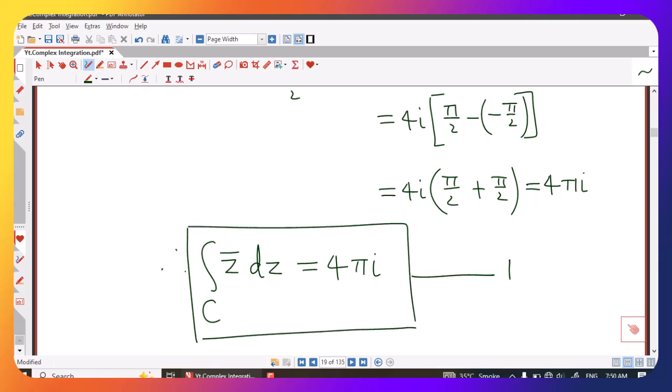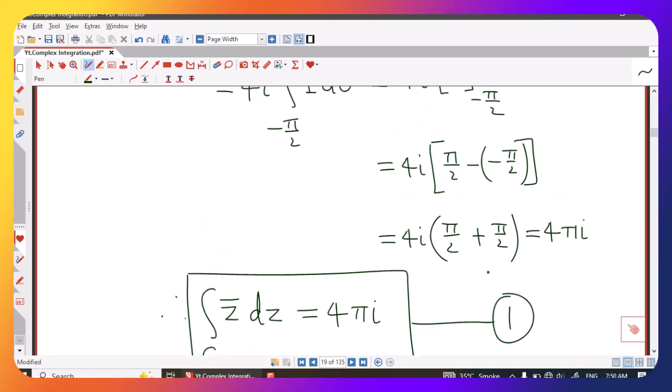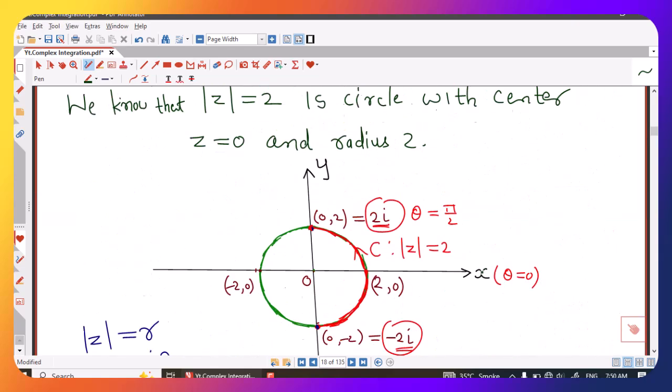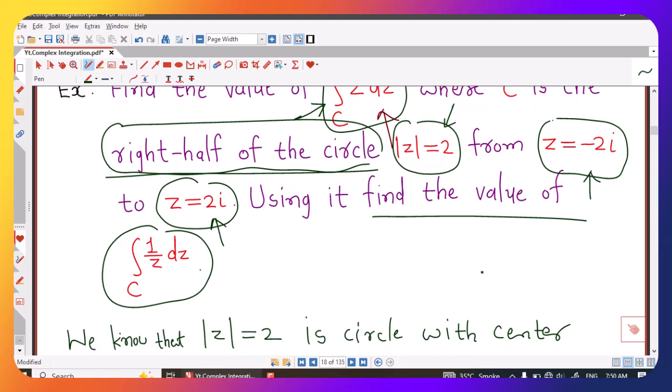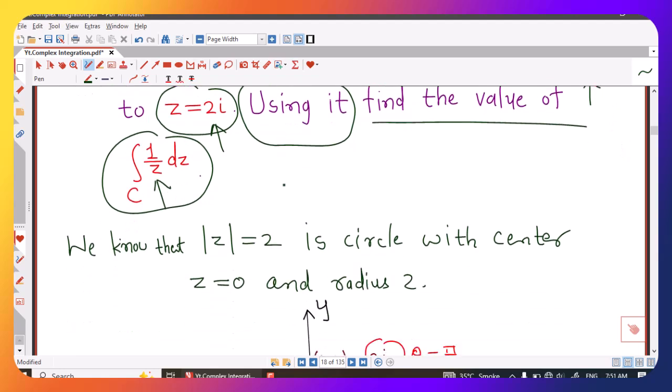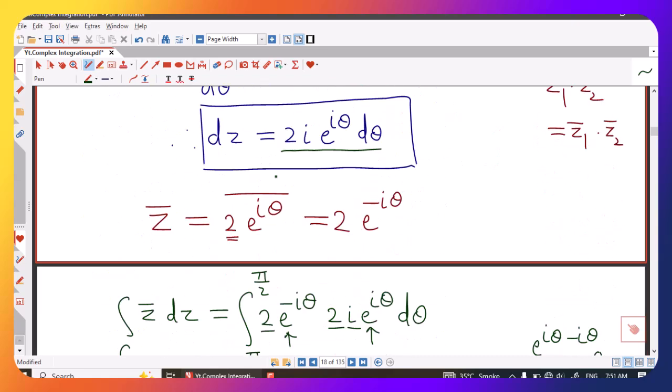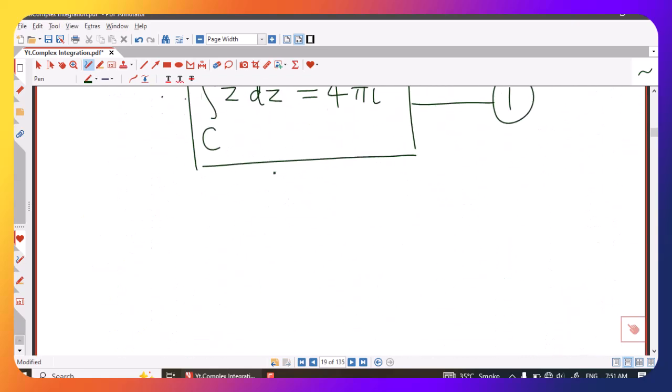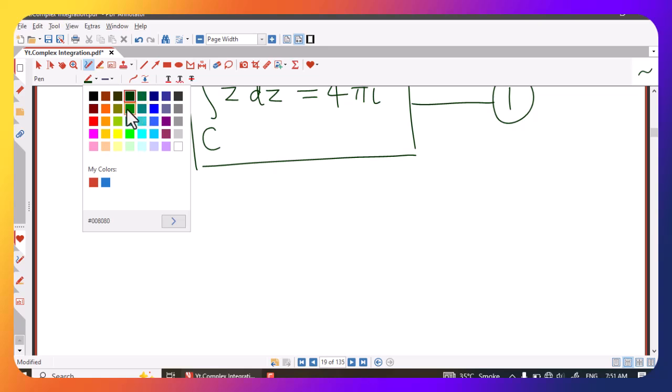This is the first part of the problem. First we have to find the value of the integral of z bar dz along this right half of the circle. Now, using that obtained value, we have to find the value of the integral of 1 by z along this same contour. So before going for that integral, we use that property.